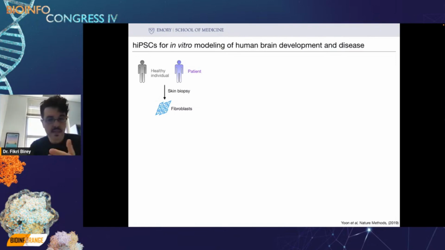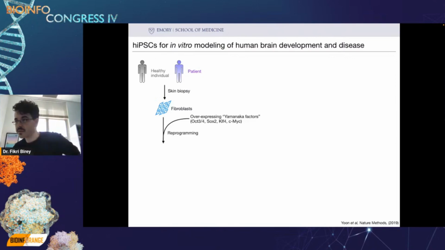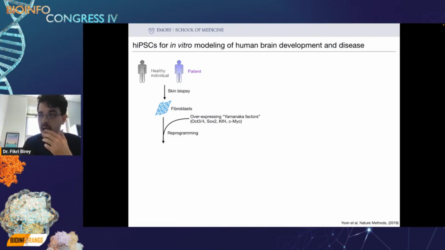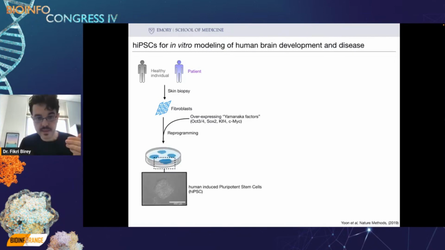These can be skin cells, blood cells, and then through the overexpression of what's called Yamanaka factors, which are these transcription factors that Shinya Yamanaka described, we're able to reprogram these cells so that they assume a pluripotent state. And at this stage, they really look and act like real stem cells. They form these colonies, and given the right chemical cues, they can make cells that come from all three germ layers.